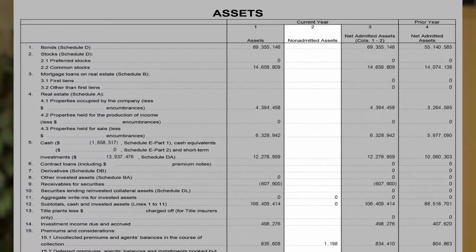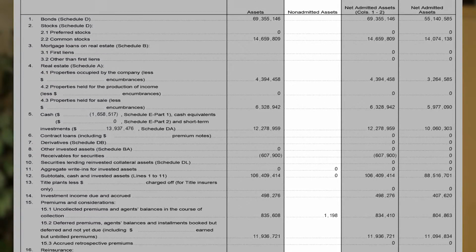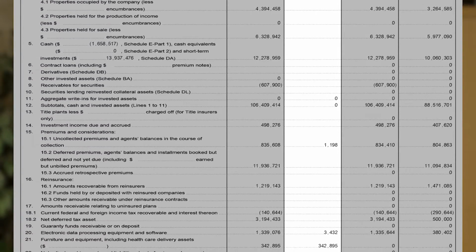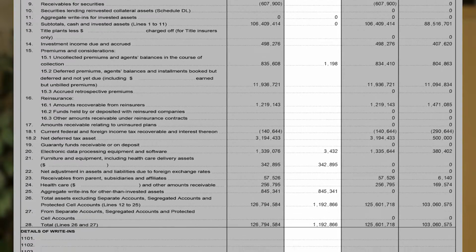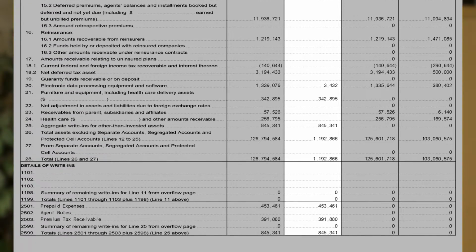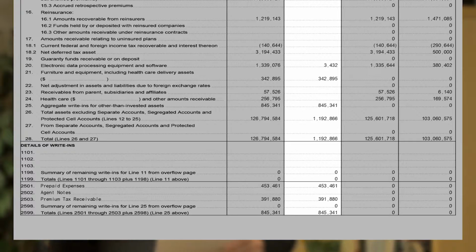Non-admitted assets are an important piece of this because on a statutory accounting basis, you may have a ledger asset or an asset on your books, and if it doesn't meet the specific rules and requirements of eligibility to be counted on a statutory financial statement, it's going to be non-admitted. And you'll see that in this column if there is a non-admitted component to an asset.